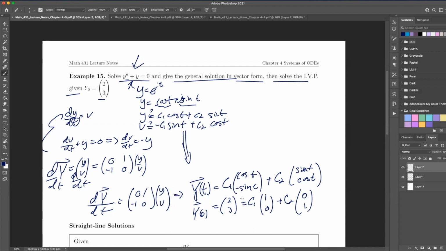So what do I get here? I get C1 equals 2, C2 equals 3. So my final answer here is 2 times the vector cosine t, minus sine t, plus 3 times the vector sine t, cosine t. Yep. All right.